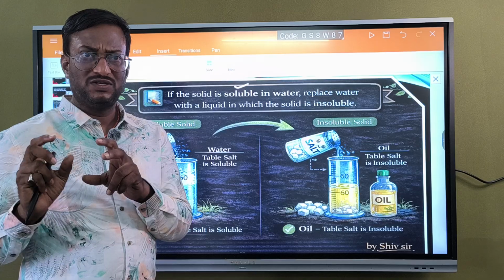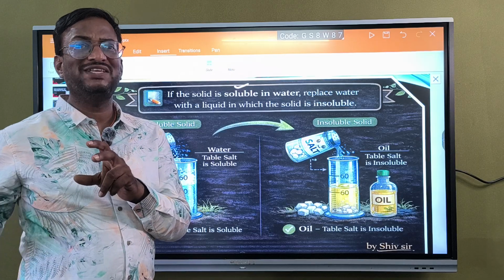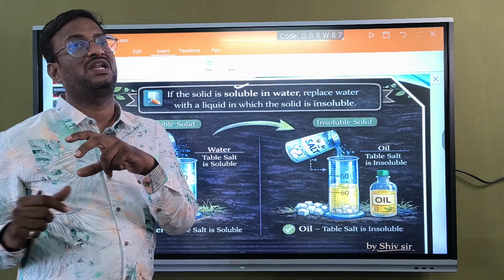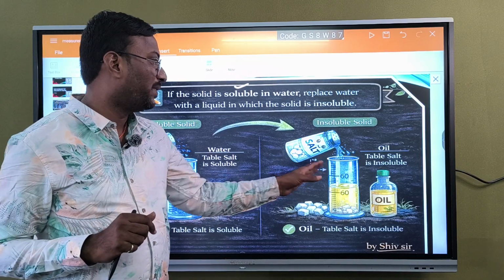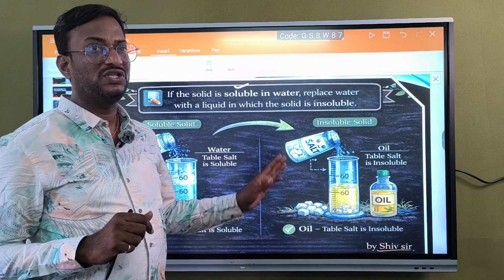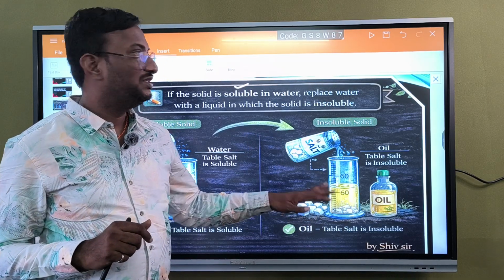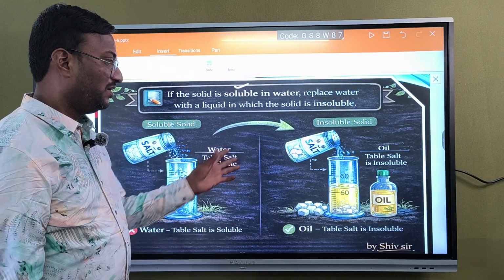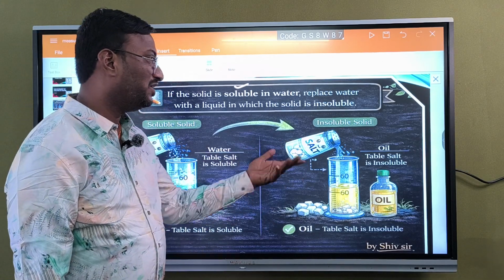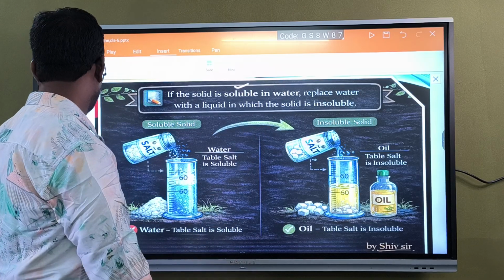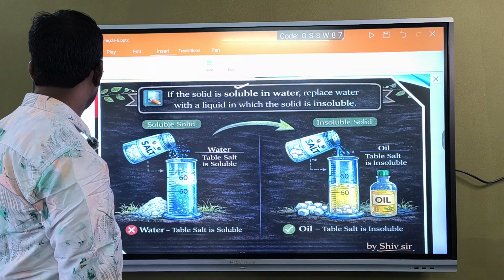If it is soluble in water, then you change the liquid so that it is not soluble in that particular liquid. For example, you may take some oil in which salt is not soluble. Then you can go for an insoluble liquid and measure the volume of that particular solid. Likewise, we can do that.